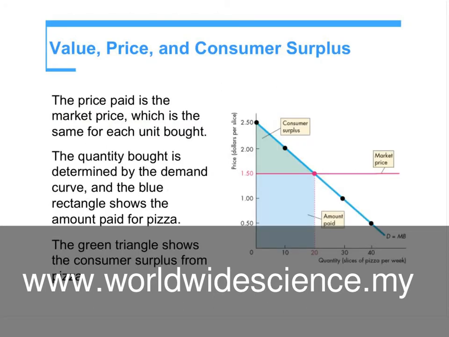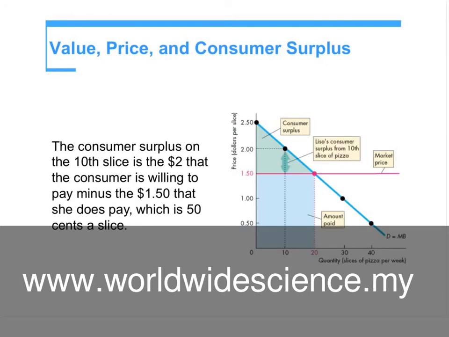So the consumer surplus on the 10th slice is the $2 that the consumer is willing to pay minus the $1.50 that she does pay, which is 50 cents a slice. Okay? So a simple calculation here, as we said, we are looking at the 10th slice of pizza. That is $2, right?